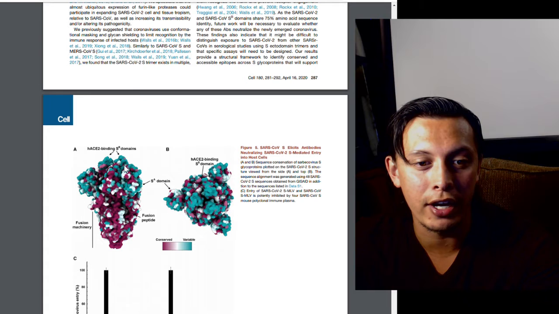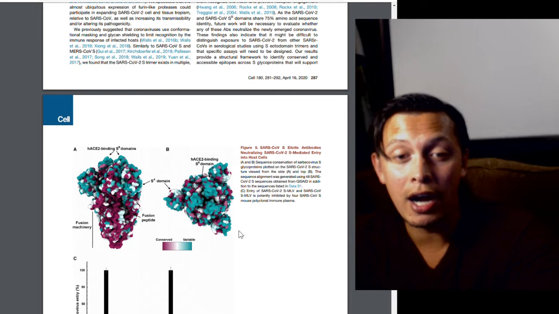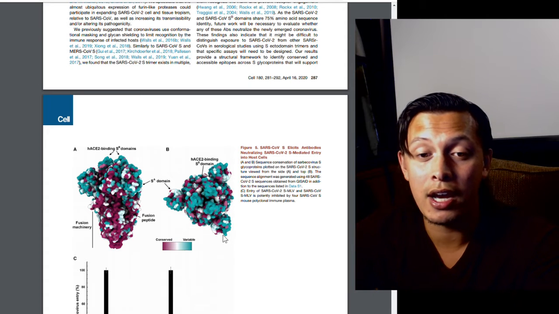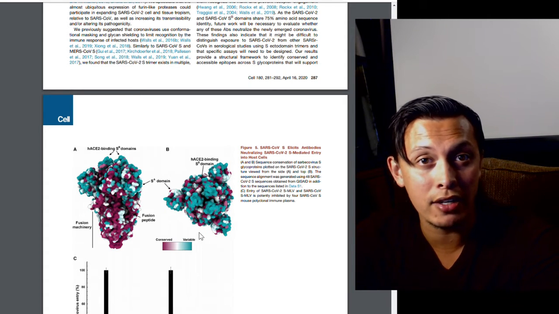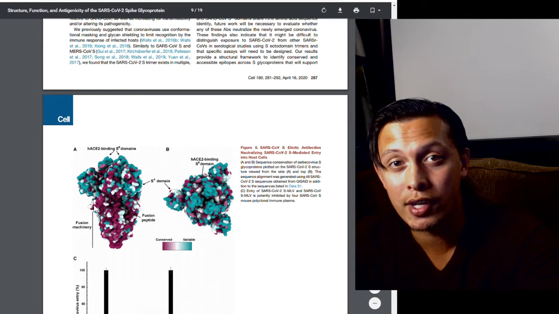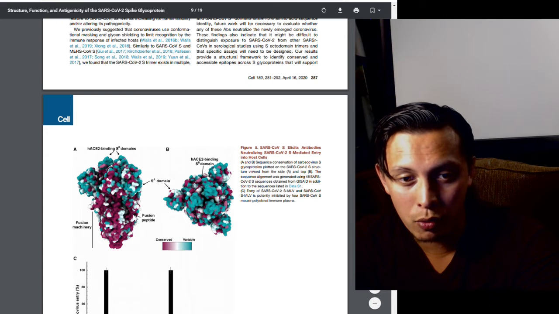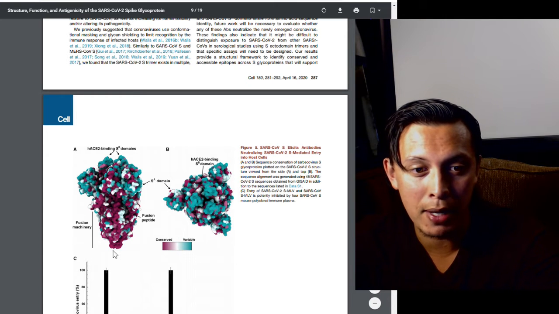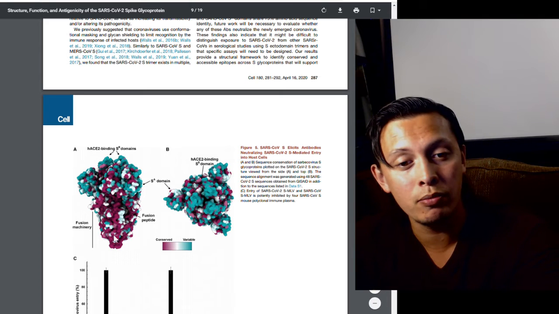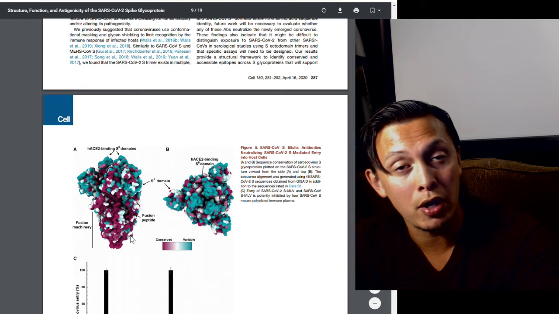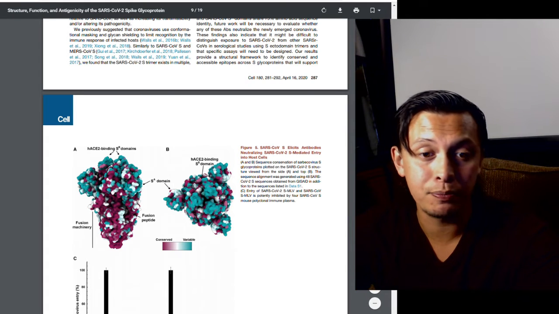This area has a lot more variety, probably because it's more exposed, and probably changes more to avoid antibodies of the different creatures that it runs into. But this area that's a little bit more tucked away, so here's the fusion peptide, here's the fusion machinery, is a lot more conserved, and so we presume that if you do have antibodies that work on multiple coronaviruses, they are going to be working in this area.